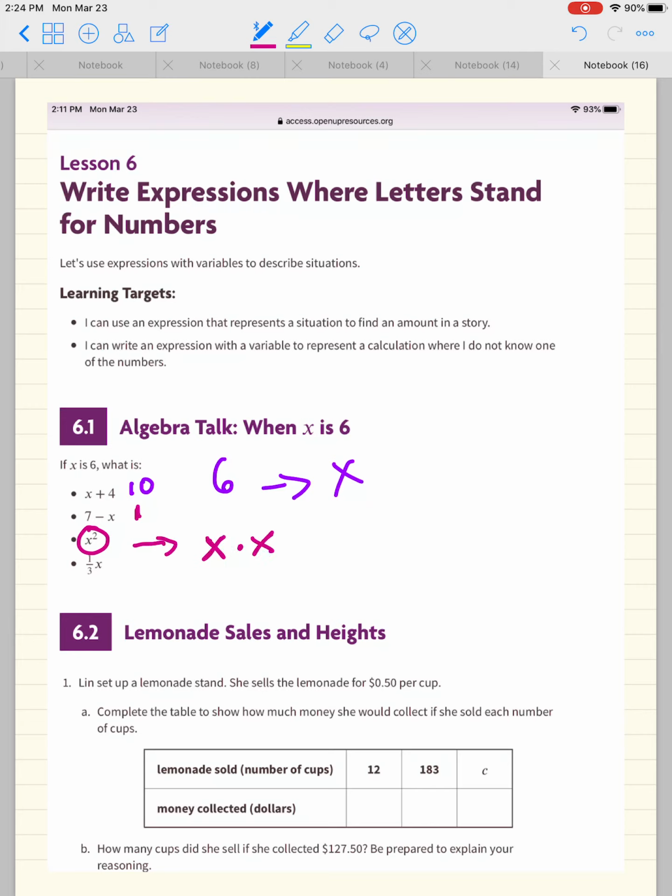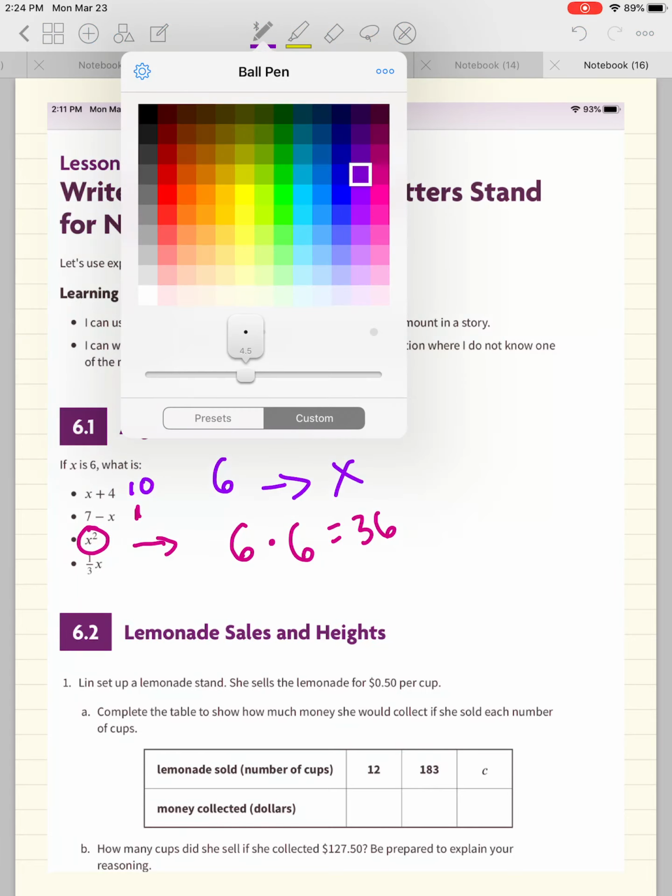So this is really saying x times x. Now, if you had 10 squared, it would be 10 times 10. If you had 100 squared, it would be 100 times 100. But we know what x is, so we can go ahead and solve it. X is 6, so we have 6 times 6. And the answer to that is 36.